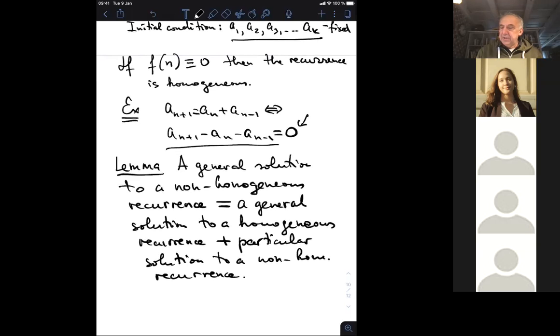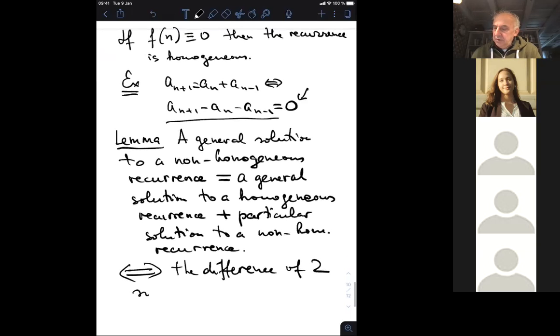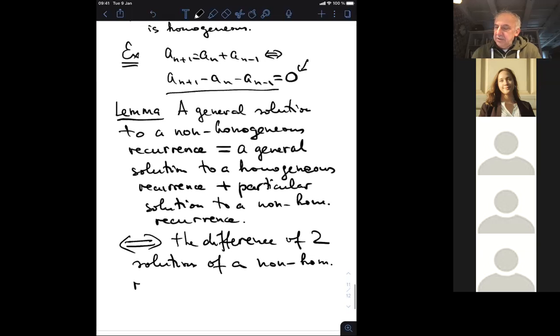The statement is equivalent to the following: the difference of two solutions of a non-homogeneous recurrence satisfies the homogeneous recurrence. And this is obvious by linearity.